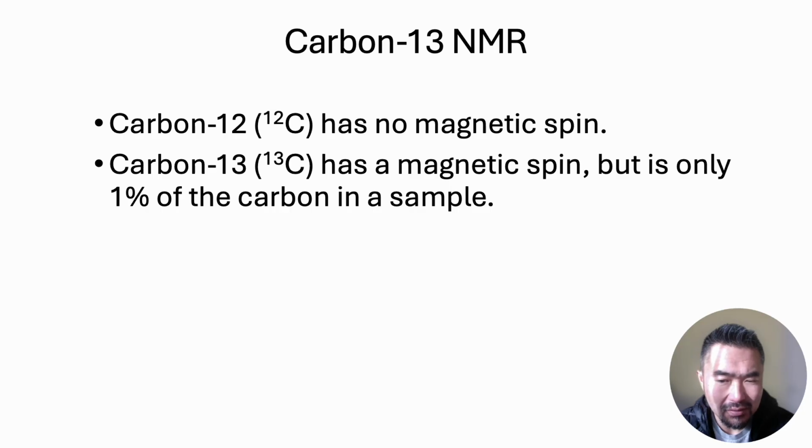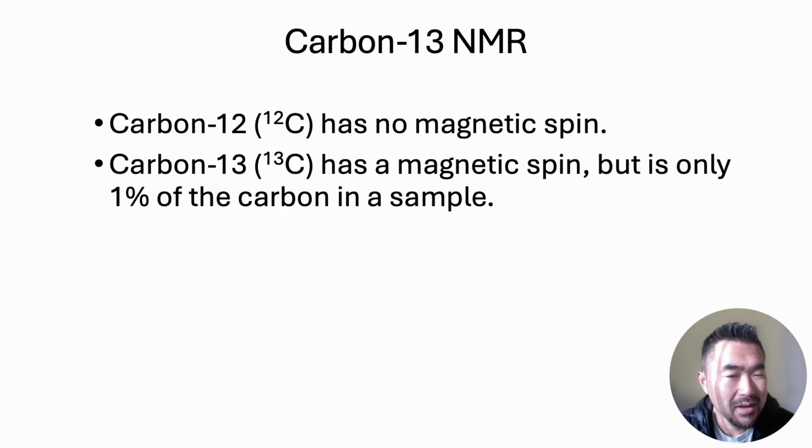But because they have an even number of protons and neutrons, there's no net magnetic spin for the nucleus, so they're invisible to NMR. That's unfortunate. But the C13 isotope, because of the odd number of atomic particles, has a magnetic spin that you can observe. Now the catch is only about 1% of the carbon atom population is C13.